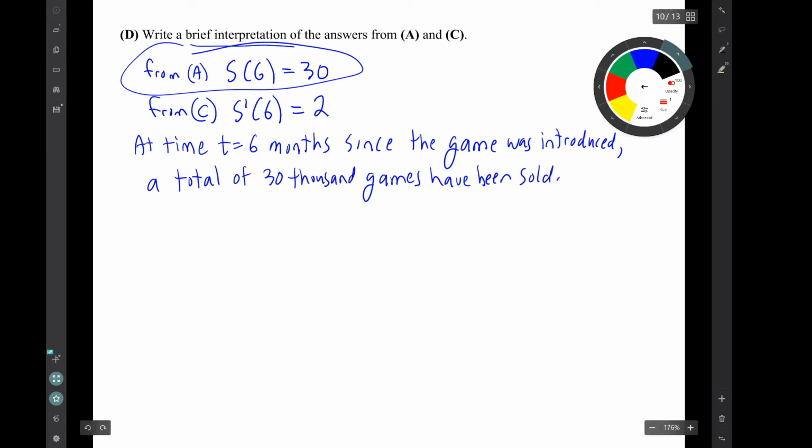Notice that our number 6 shows up here, and our number 30 shows up here, and also the units that go with those numbers show up in the sentence. T is 6 months, and the 30 refers to the number of thousands of games, because that was the explanation of the original function S of t. It was the number of thousands of games that have been sold.